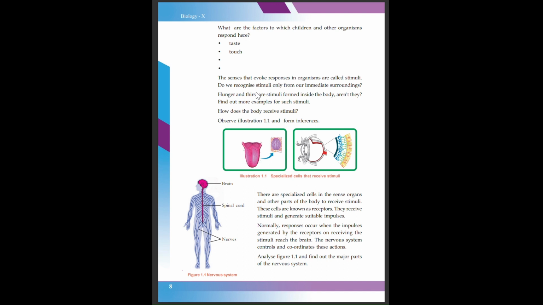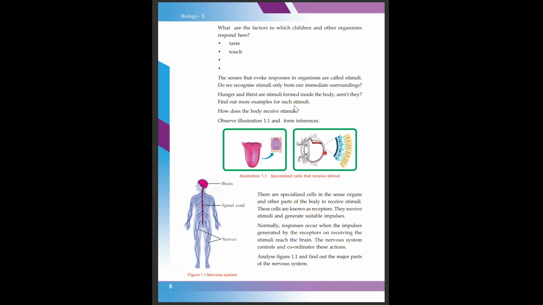Before explaining the definition of stimuli, I would like to explain it in my words. What is stimuli? Stimuli is something that makes you respond to that particular incident.